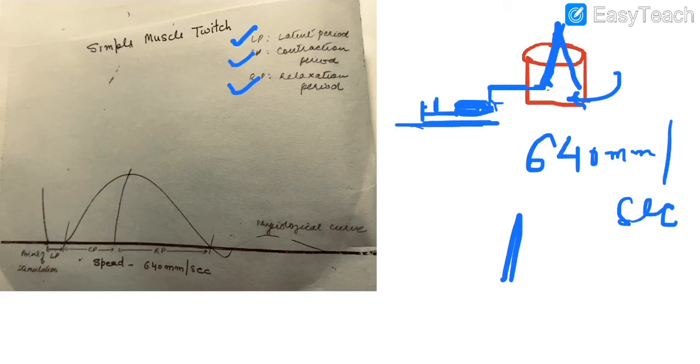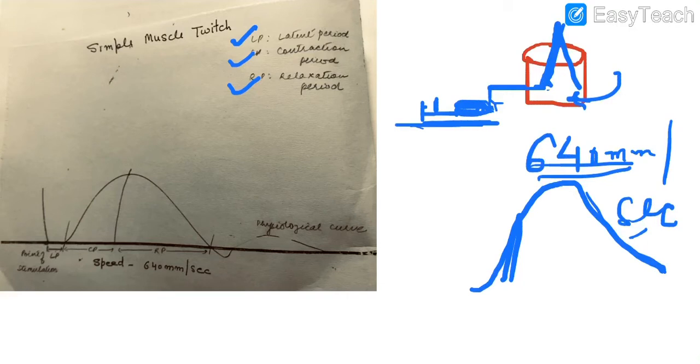When the drum is stationary, it will come downward on the same line, but this drum is rotating at 640 millimeter per second. So, obviously, we will get a straight line and then the downward line. That is the type of graph we get over here.